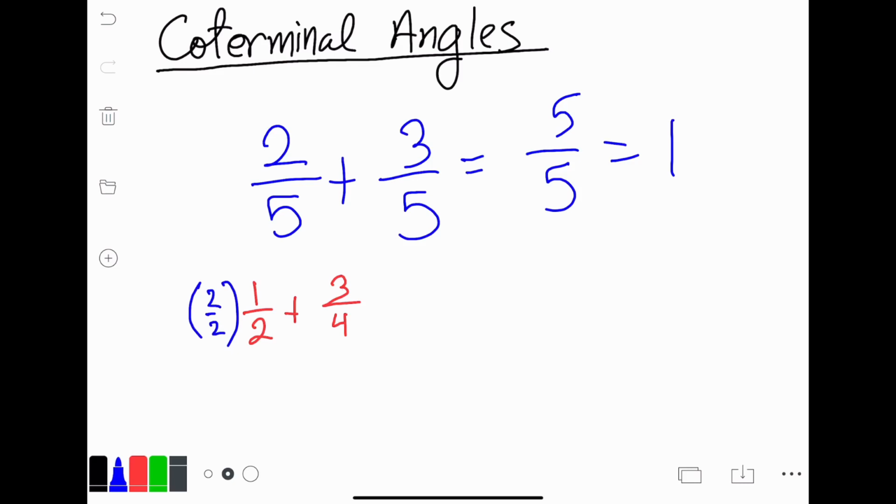So essentially, we're not really changing anything. This ends up becoming 2 over 4 plus 3 over 4. Notice 2 over 4 is the same exact fraction as 1/2. It's the same value. However, by multiplying by 2 over 2, I ended up rewriting 1/2 as 2/4, which has the same denominator as 3/4. So when I add these together, I get 5/4, and that is my answer.